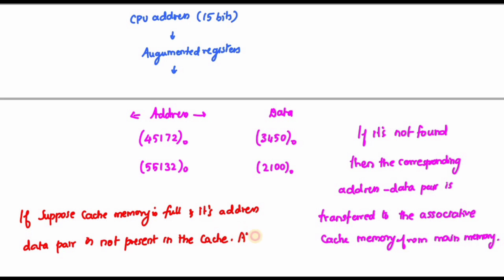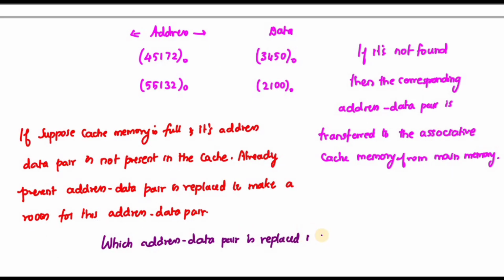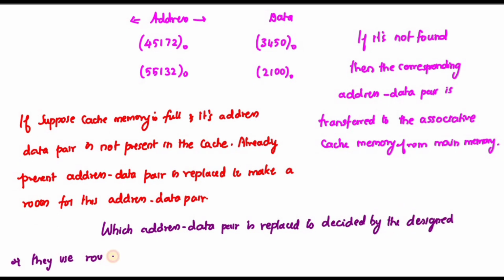A simple procedure to replace cells of the cache is round-robin order, whenever a new word is requested from the main memory. This constitutes a first-in, first-out replacement policy.